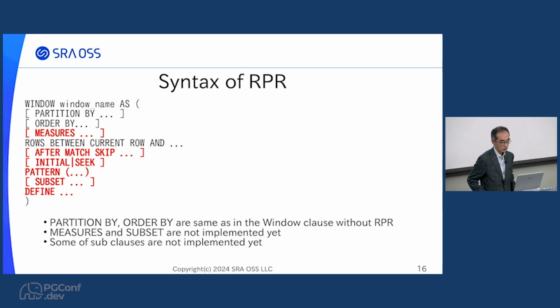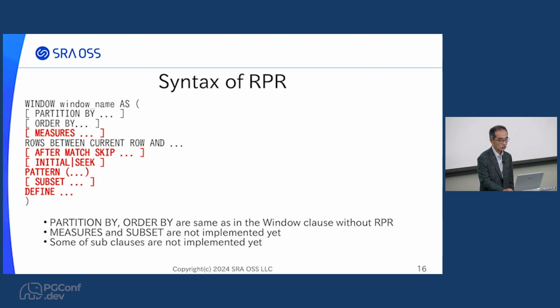No difference. However, measures and subsets are new to RPR. Unfortunately, I have not implemented these clauses yet. And also, I have to admit that some of the sub-clauses are not implemented yet.